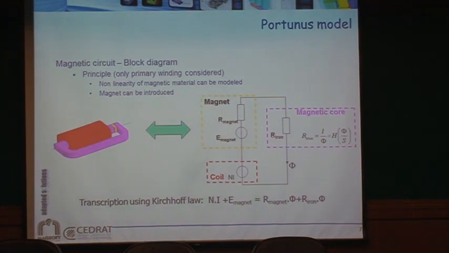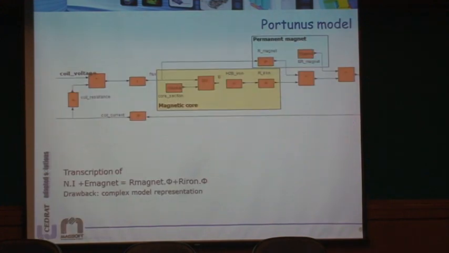Of course, this is the block diagram type of thing. So if you do the block diagram, you only have the primary winding, and then everything else is done after, inside the different blocks. So you're going to have to describe all the magnetic behaviors through different blocks.